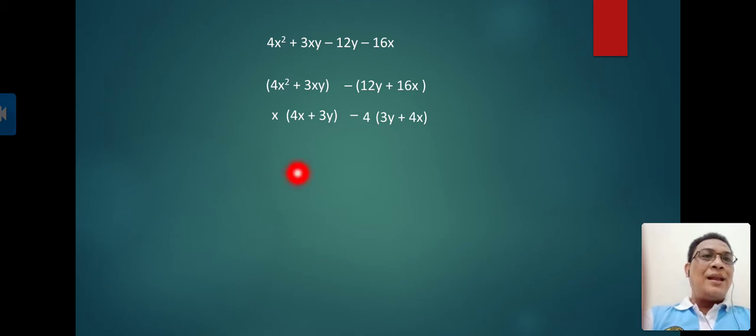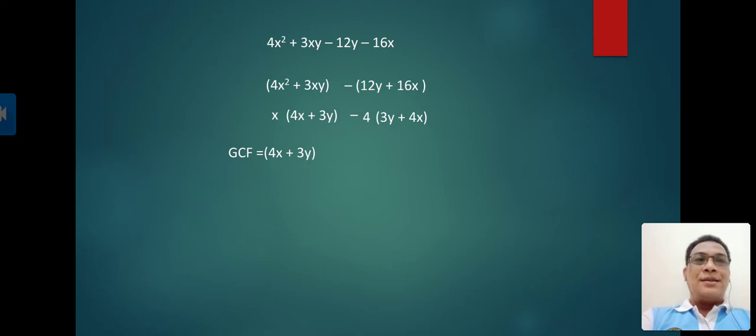Hence, we can say that 3y plus 4x is equal to 4x plus 3y. That is the commutative property of addition. Therefore, your GCF will be 4x plus 3y.